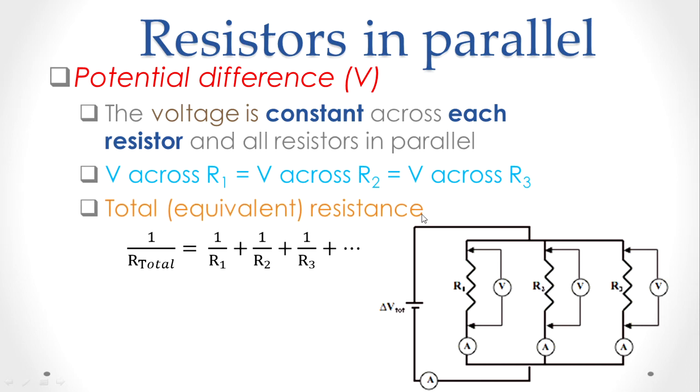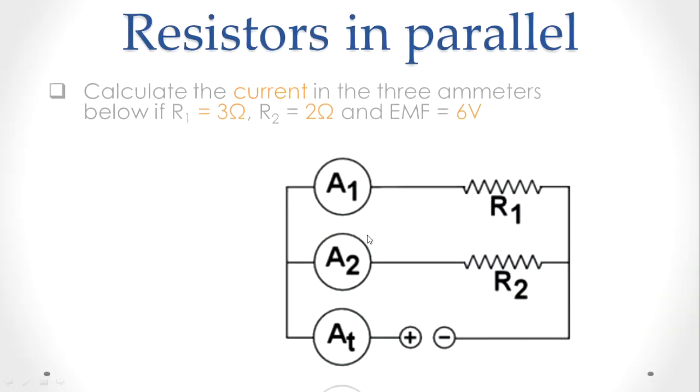How do we work out the resistance in a parallel connection? This is definitely different to a series connection. You use this formula over here. 1 over your total resistance, or your equivalent resistance in the parallel connection, will be equal to 1 over the resistance of the first resistor, second resistor, third, etc. So we'll have a look at examples.